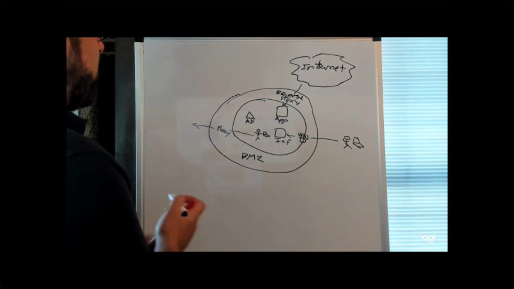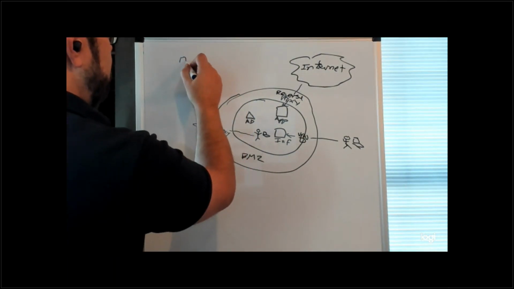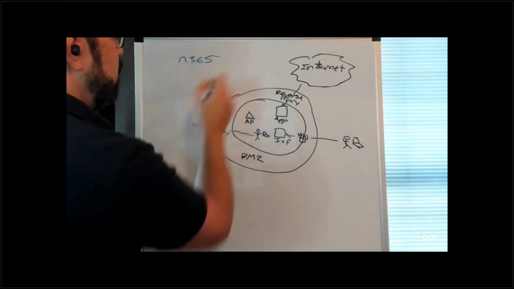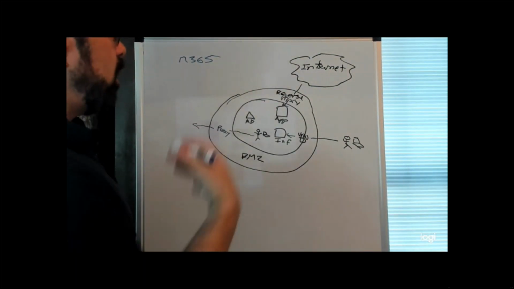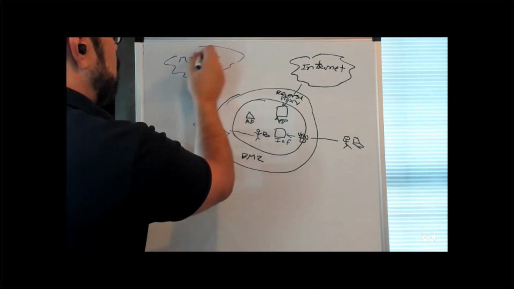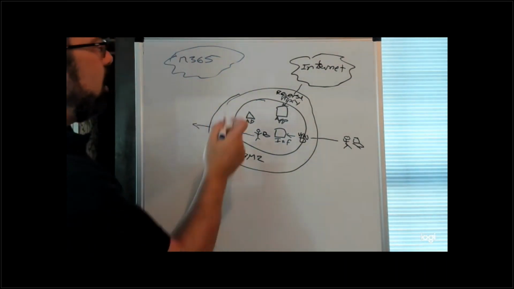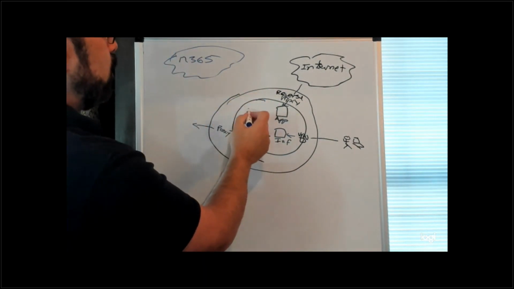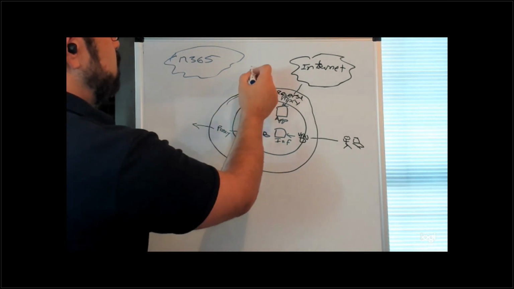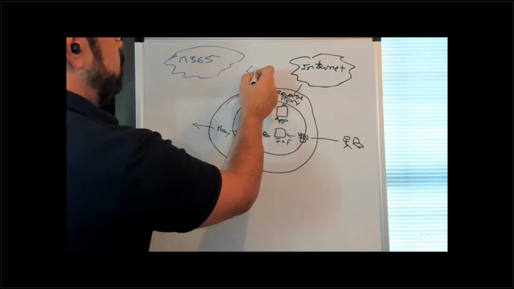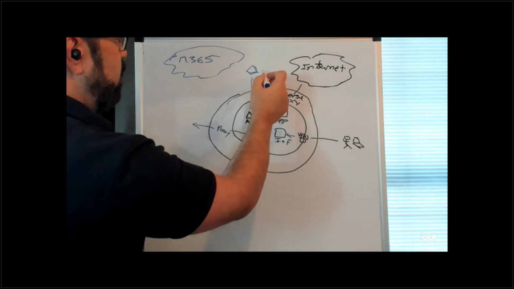So let's look at M365, Exchange Online, SharePoint Online, all cool stuff, right? So AD is going to sync up to, well, not Entra at the time, but Azure AD.